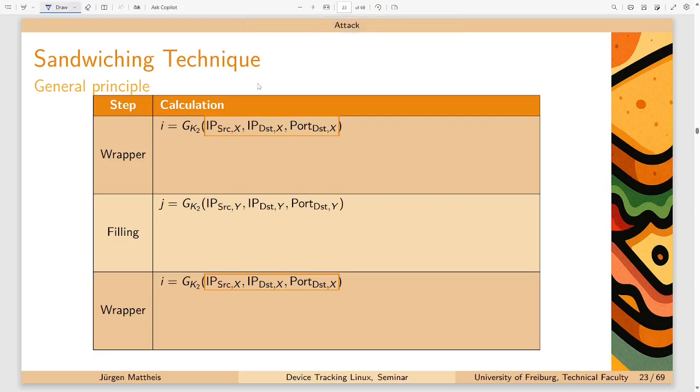So first, a little question: can someone see the sandwich in this image? Does someone want to call out where the sandwich is?